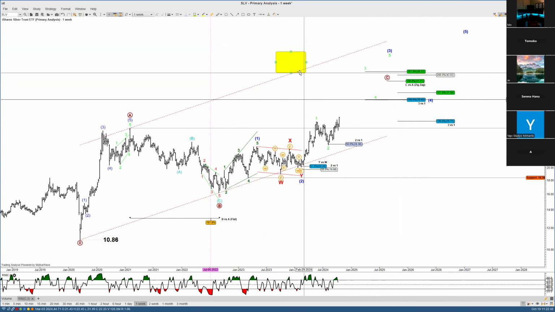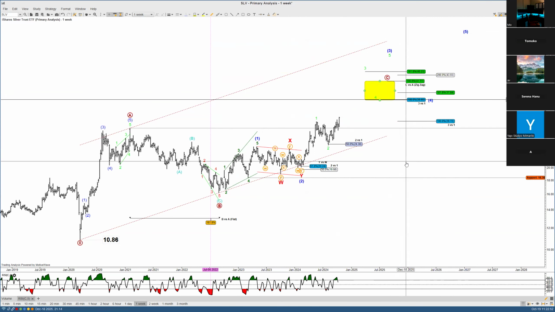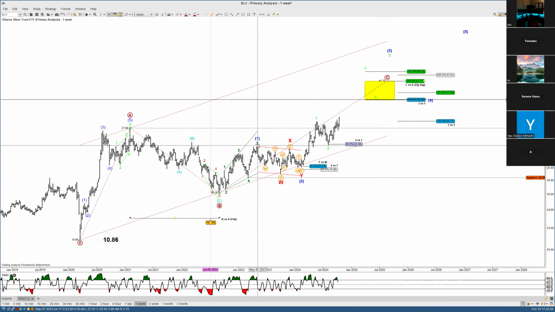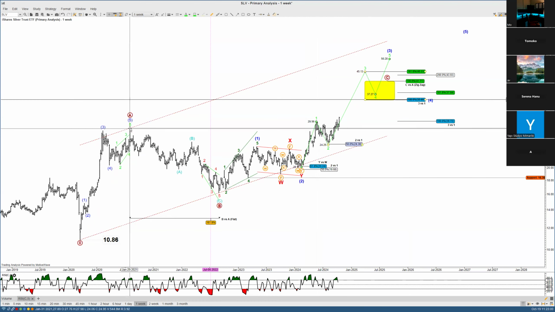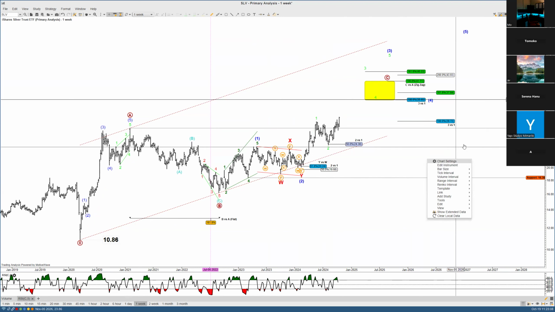So this is the zone I would, because this is just simply taking the low to this high projected here, then to this high that we just made, this high from this low, and then from this 50% retracement. So 35.65, 41.71.